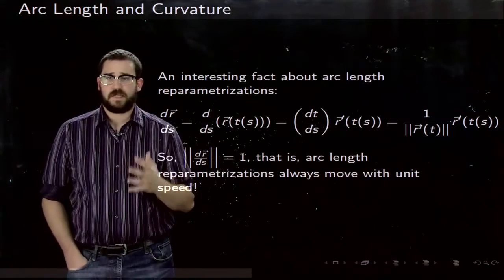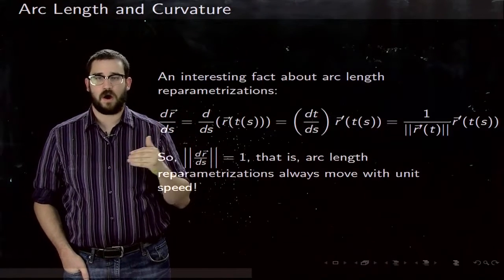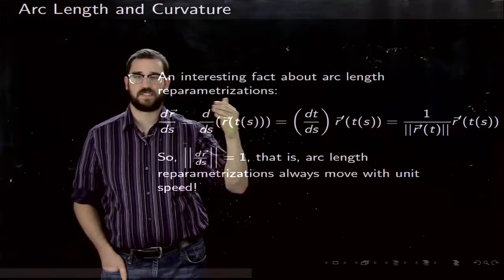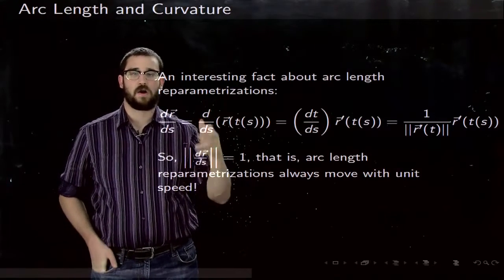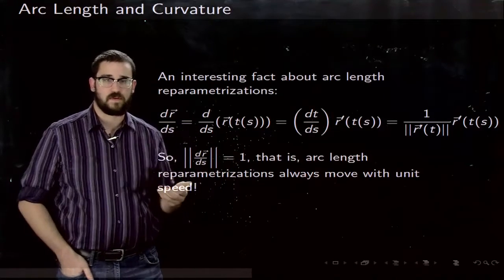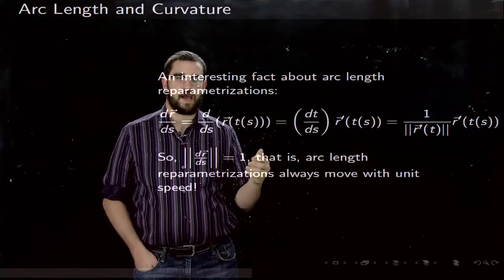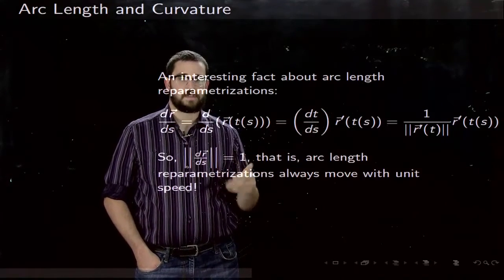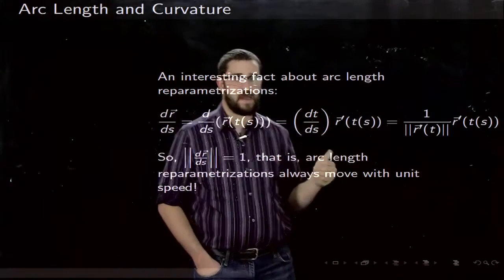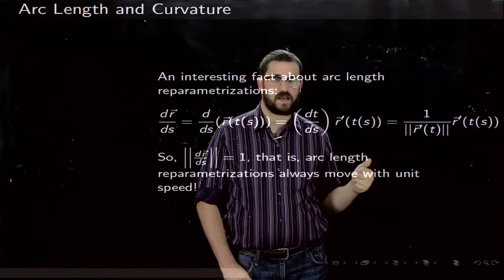To be more explicit with what I was talking about, let's look at dr over ds with our arc length reparameterization, which was d over ds of r of t of s, which we can use our rules of derivatives to say that this is dt ds times r prime of t of s, which is equal to 1 over the magnitude of r prime of t times r prime of t of s.